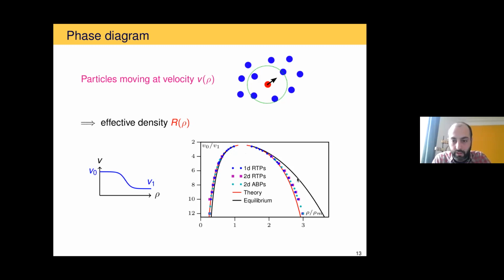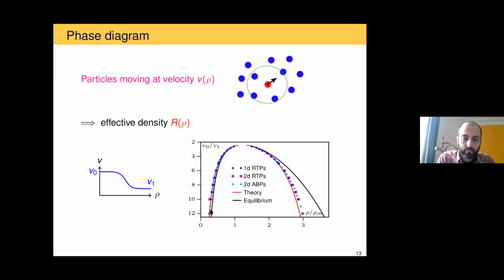The different kinds of symbols are different types of simulations. So you have 1D, you have 2D, and you have run-and-tumble particles and active Brownian particles. And the theory is the red line here. So you see that it works very well, except at high velocity here. And you kind of expect it to break down because of the gradient expansion.